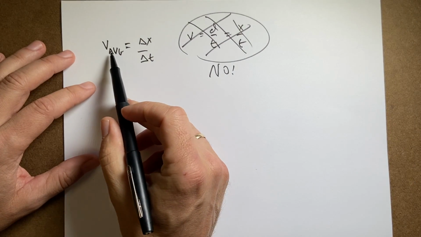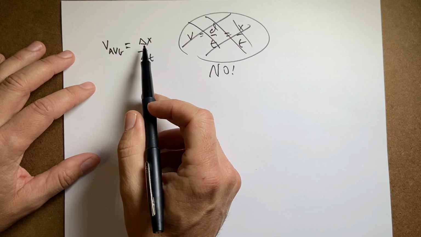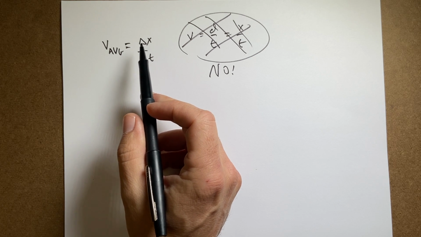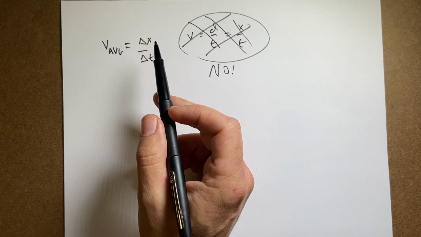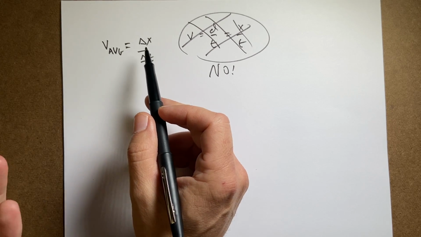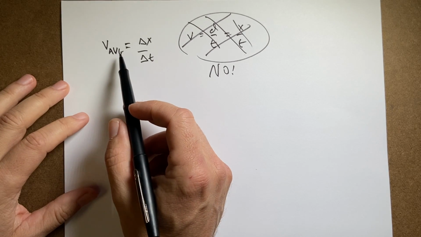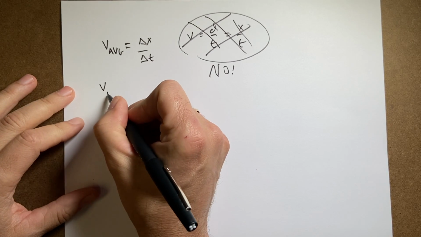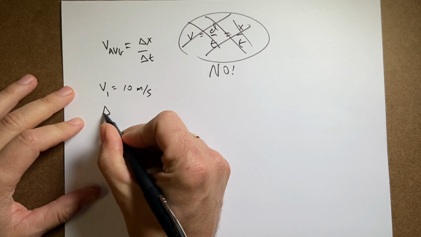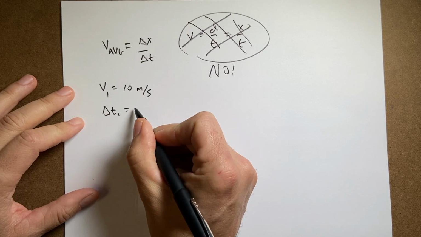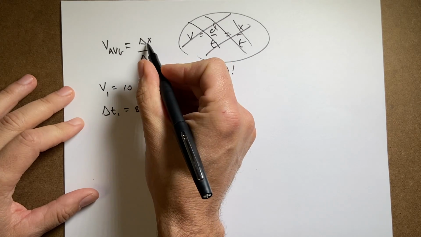Okay. So in this case, you'll notice here that I have delta x. I don't know what the starting position is. So I can't get that from the velocity graph. So I can either pick a value or I'm just going to solve for delta x. So in this first case, I know v1 is equal to 10 meters per second. And delta t1 is equal to 8 seconds. So up here, I can solve.